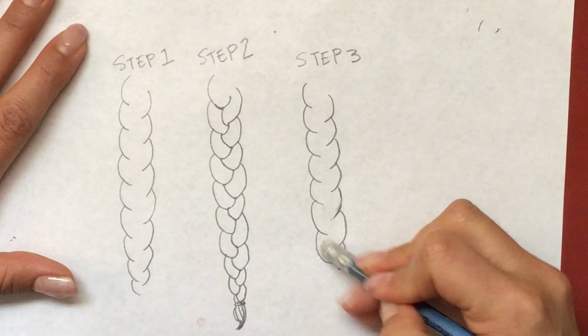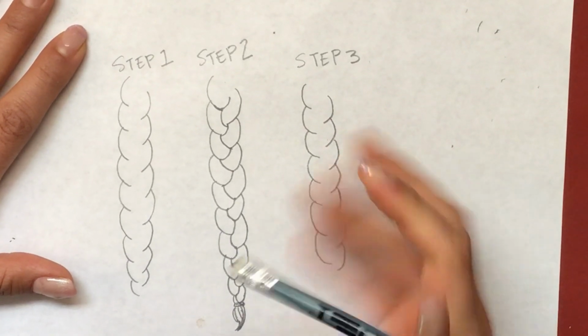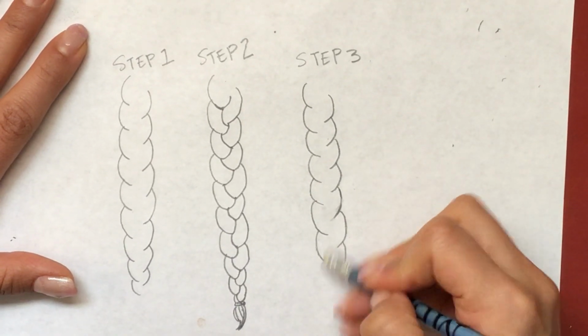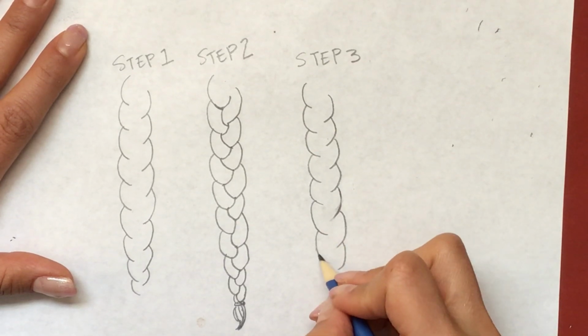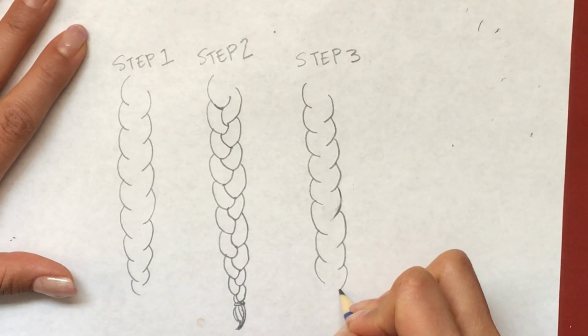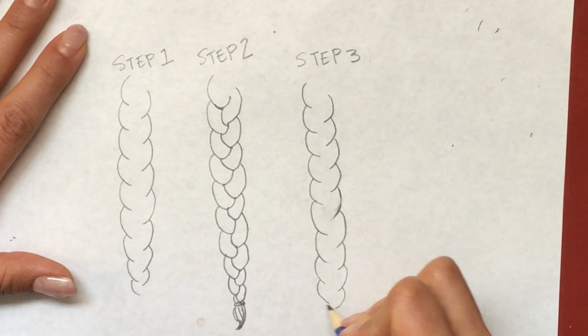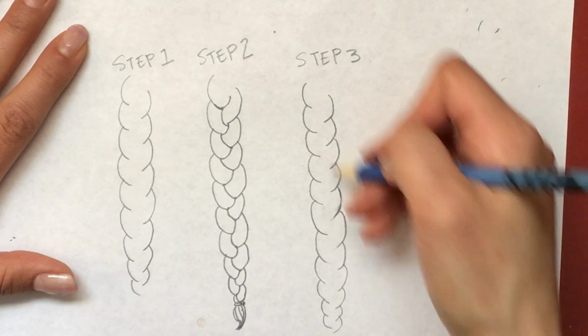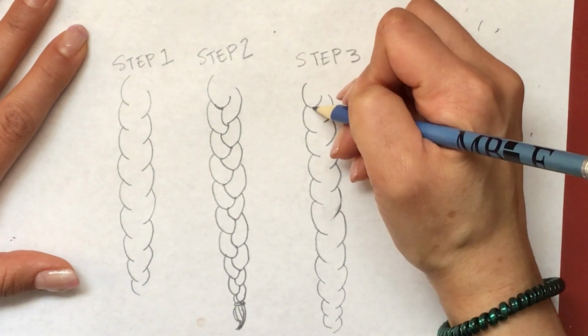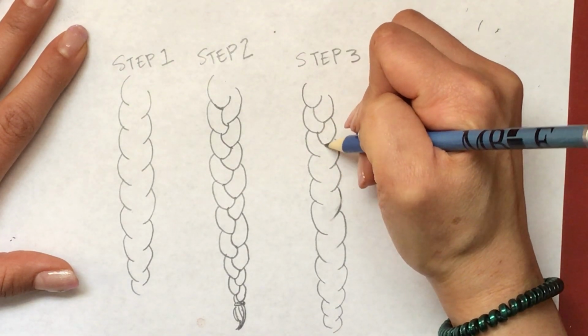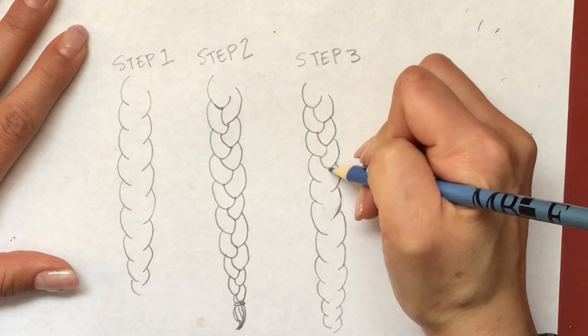Just going to adjust these a little bit. Okay, taper it at the bottom. And again, same thing. The curves go in the opposite direction.